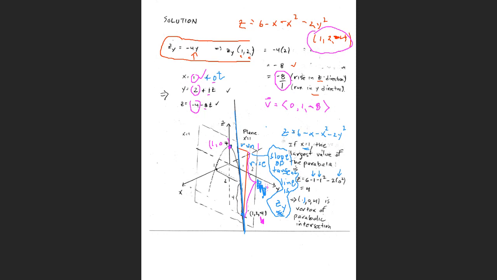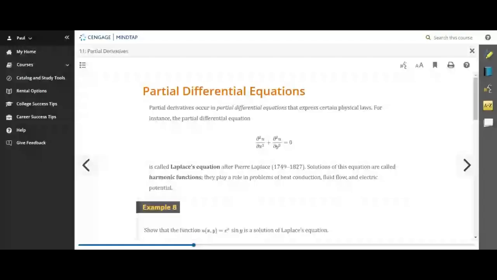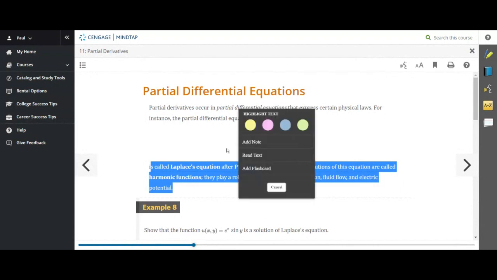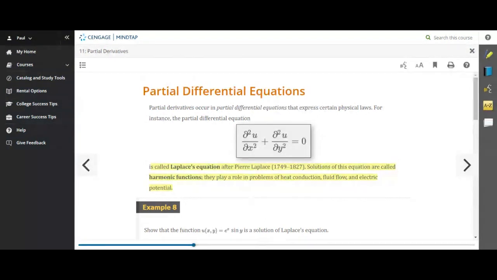Let me show you here in the ebook. Laplace's equation, I don't know if any of you have seen this in a class. Probably not, but Laplace's equation plays a role in heat conduction, fluid flow, and electric potential.